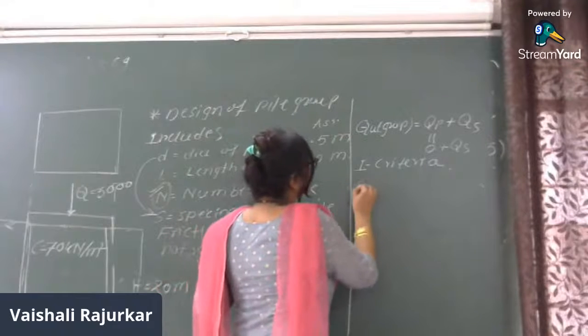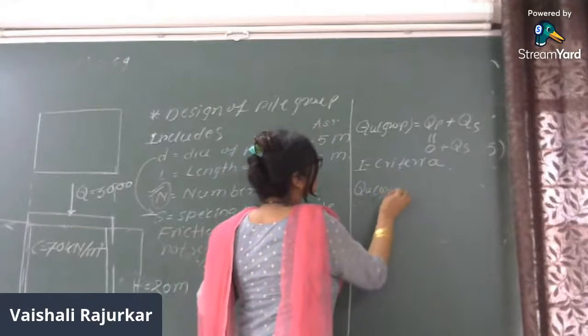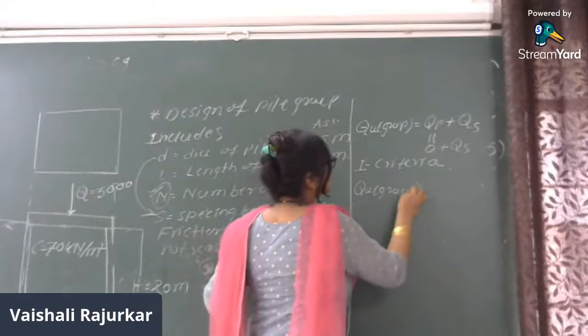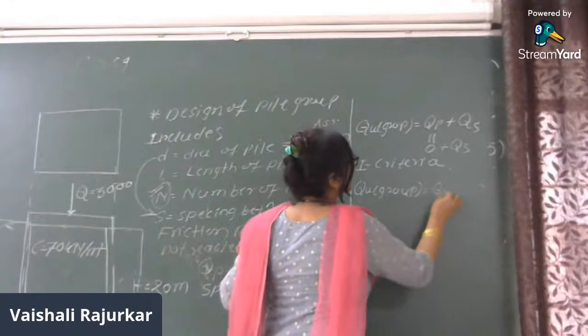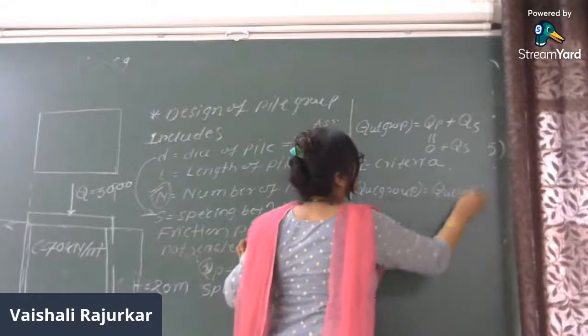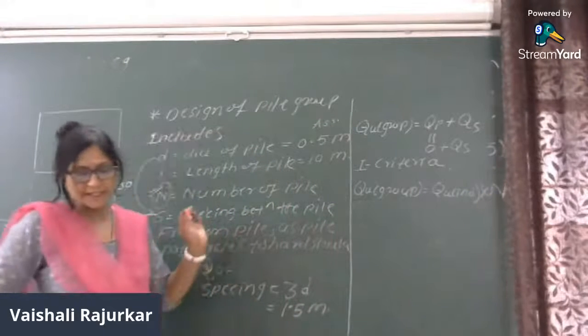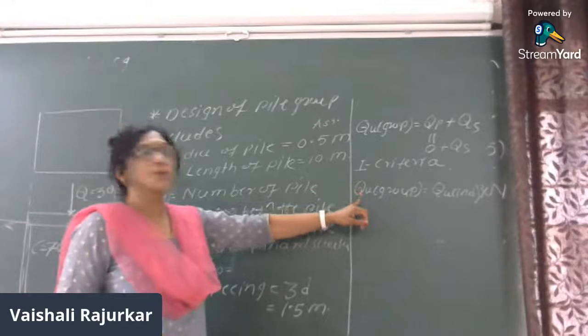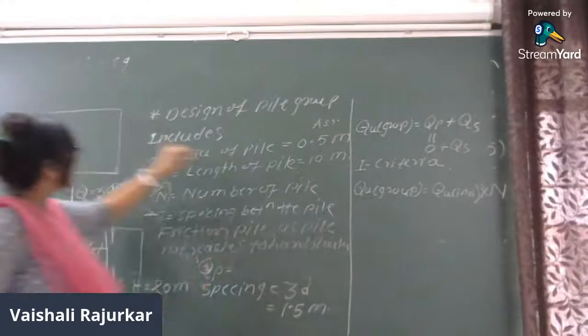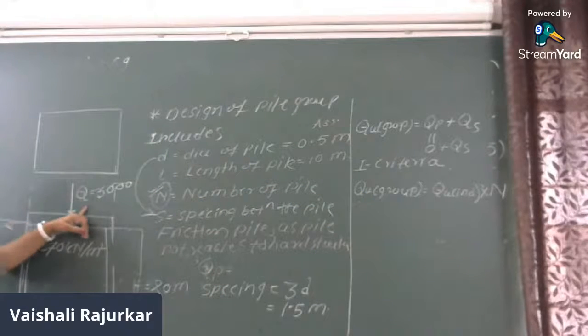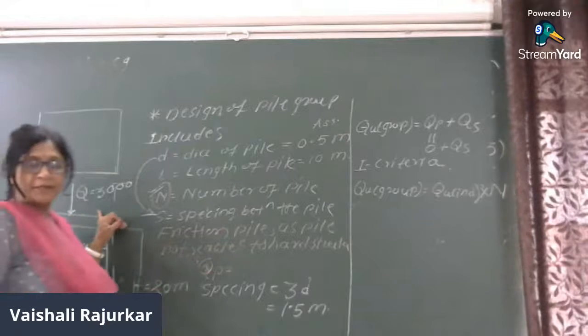So what is the first criteria? In such cases, we will consider QU of an individual multiplied by the number of piles. So here we will consider this QU for group, that is, the allowable load is given.